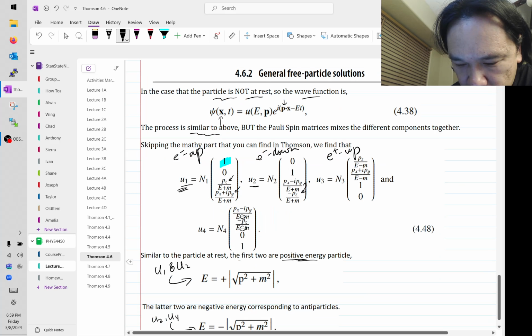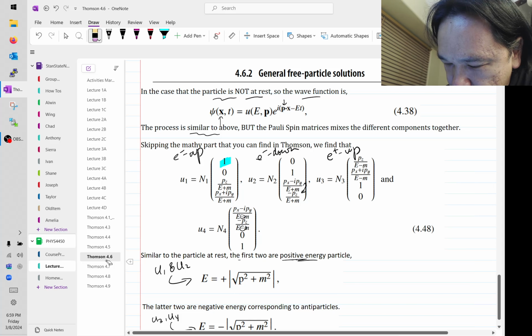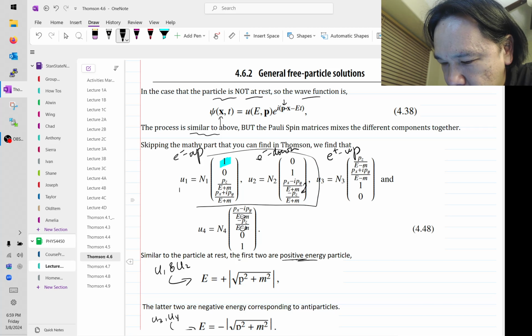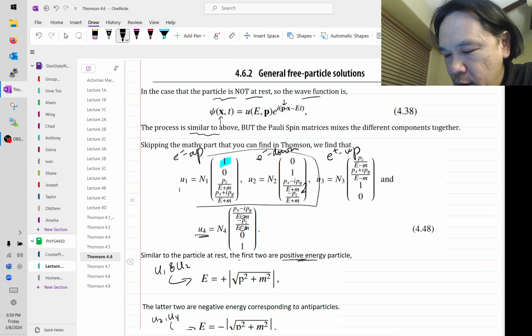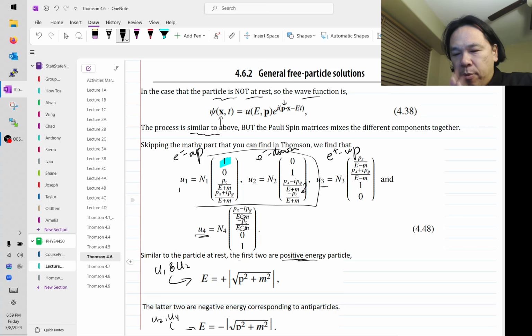Let me go back to the previous section, where we have the positive energy solutions down here also, with u1 and u2, and since we made v1 with u4 and v2 with u3, remember, these are orthogonal independent solutions.